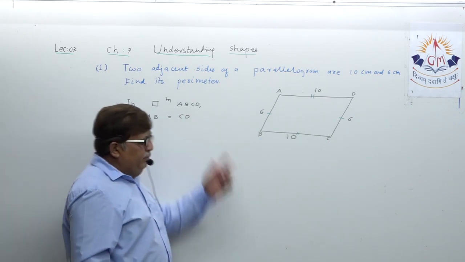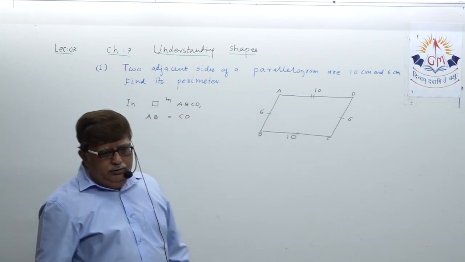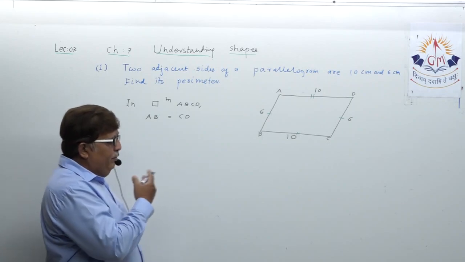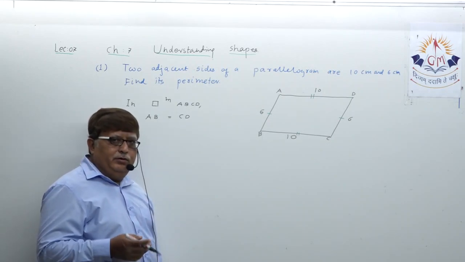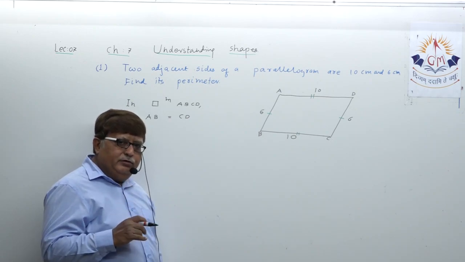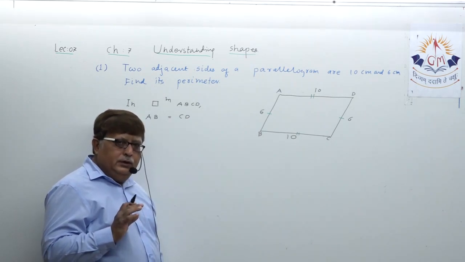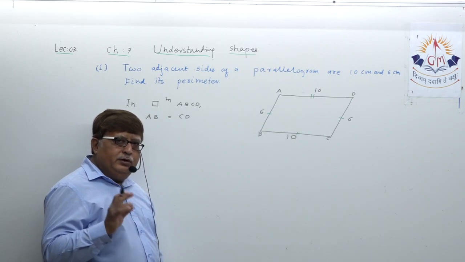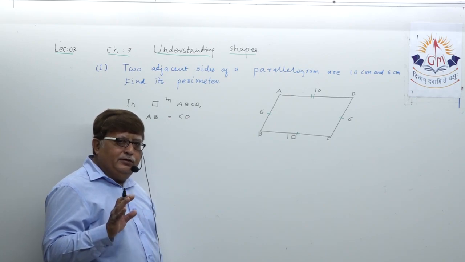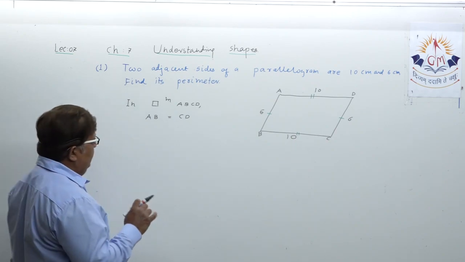I do not want you to write the huge statement that opposite sides of parallelogram are congruent. I don't want that. You understood, that is sufficient for me. It is important for me that your mind has conceptualized this particular example.